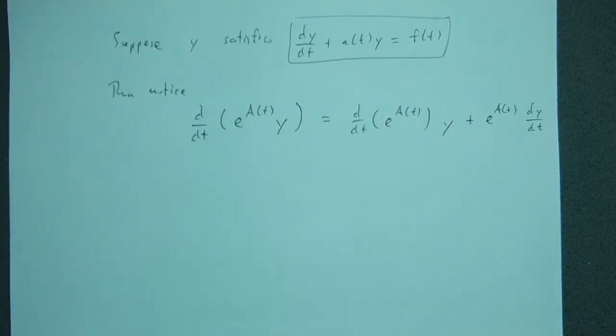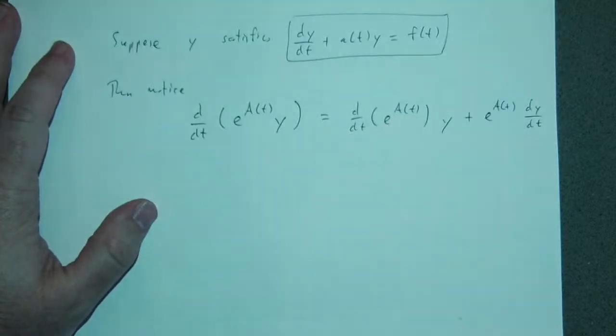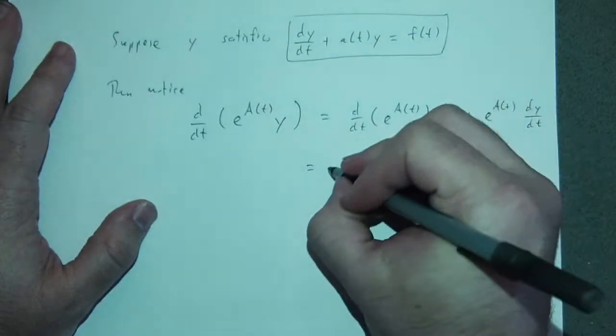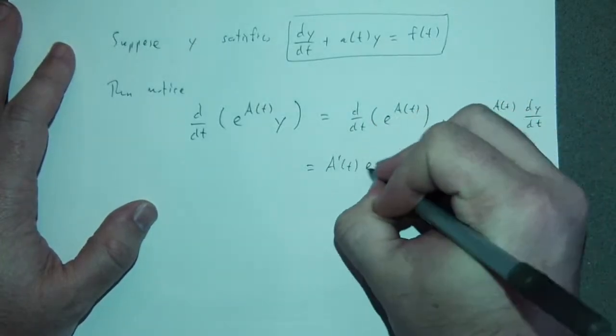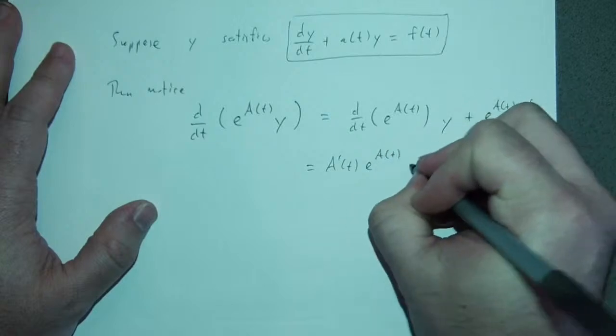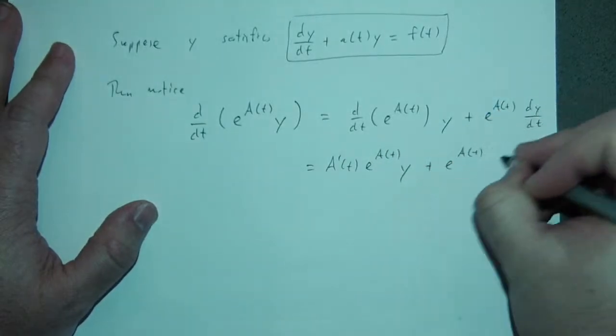Okay. All right. Well, what is the derivative of e to the big A of t? Using chain rule, this is big A prime of t, e to the big A of t, y, plus e to the big A of t, dy/dt.